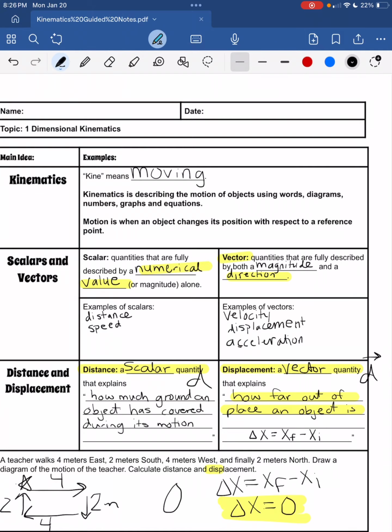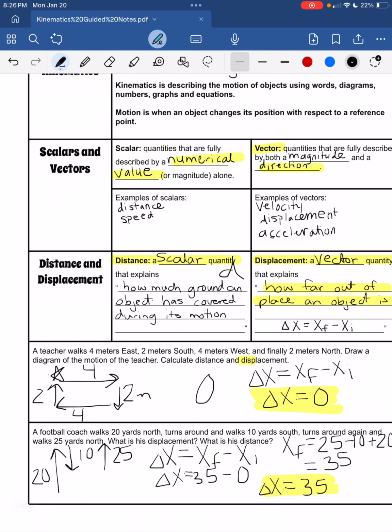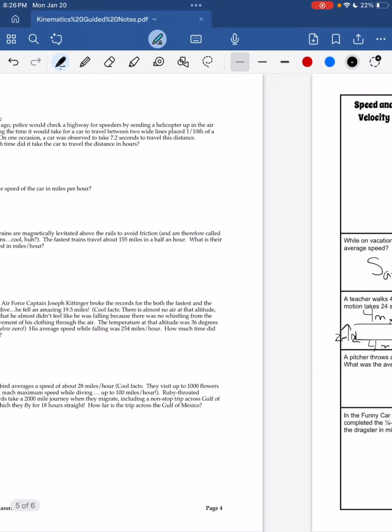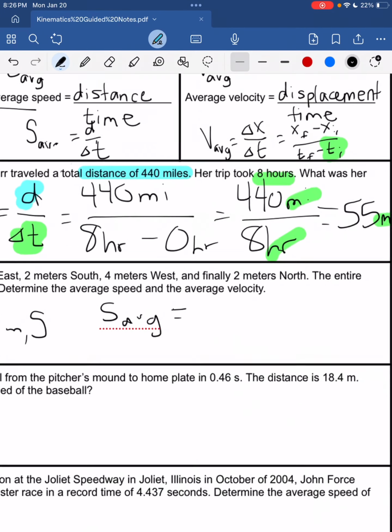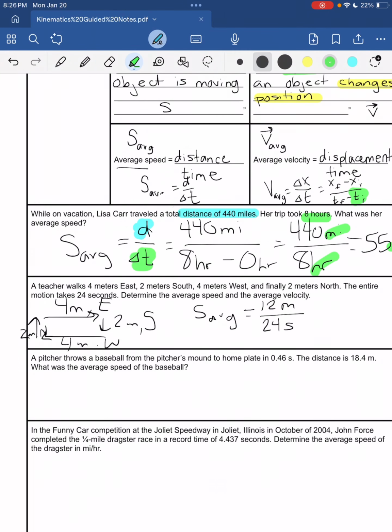We had calculated her distance here, and her distance was 4 plus 4 plus 2 plus 2, and that is 12. So her distance was 12 meters, and her total time was 24 seconds there. We put that here.